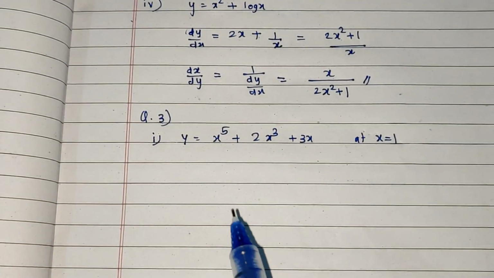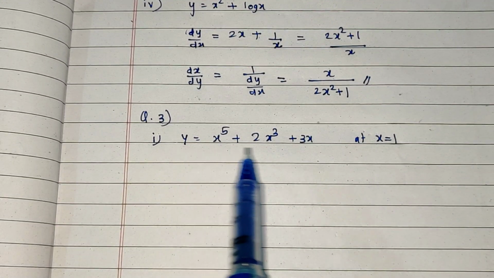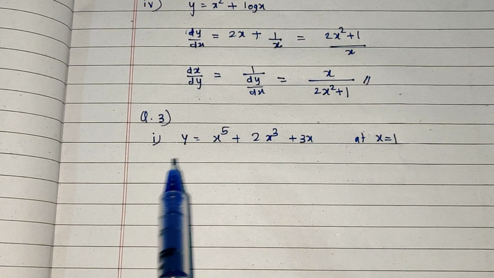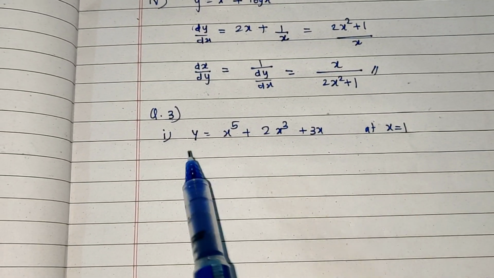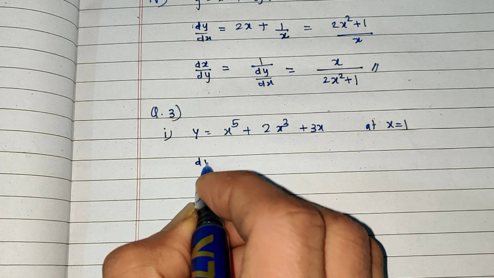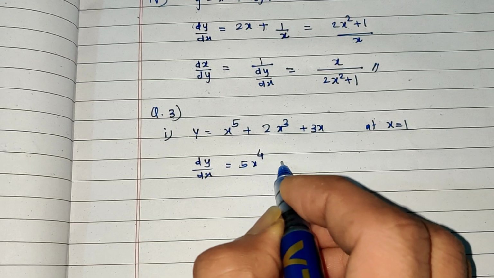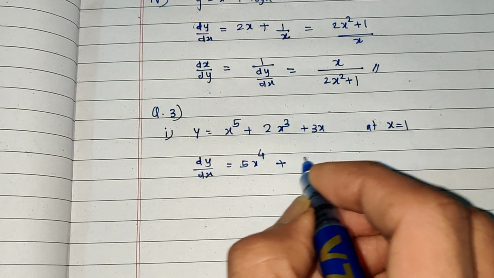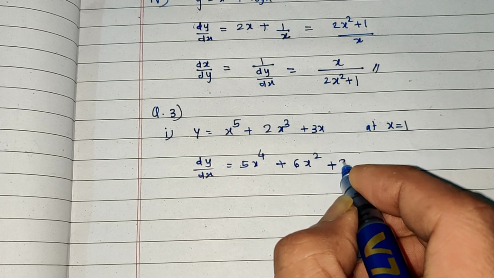Derivative of inverse function at the given point we have to find. So first of all you find dy by dx, and then dx by dy is 1 upon dy by dx at x is equal to 1. So differentiate it with respect to x. dy by dx is equal to 5x to the power 4 plus x cube derivative 3x square, 6x square plus 3.